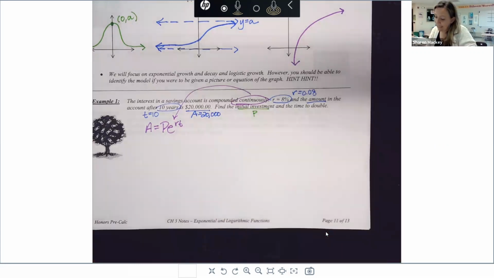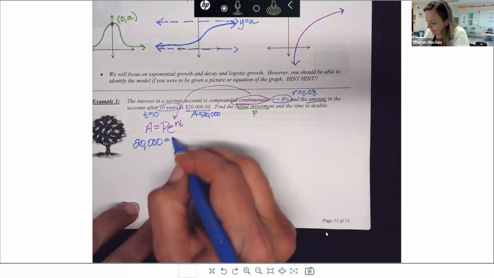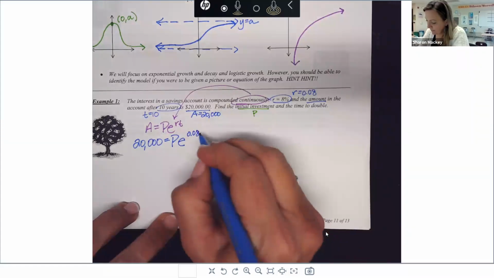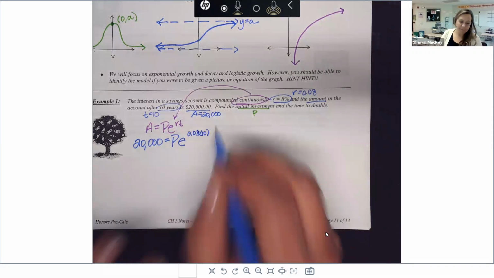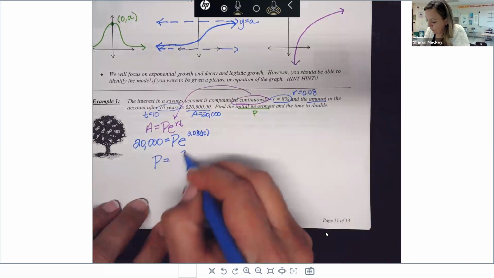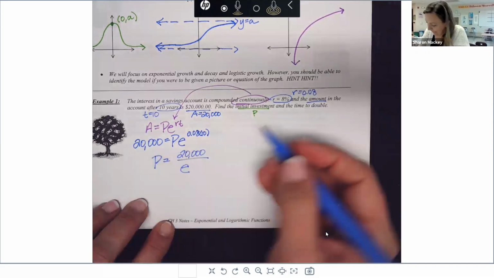Well, let's put everything in. For A, we can put 20,000. We don't know P. And then we have e to the 0.08 times 10. Okay. And so if we isolate P, we can see that we would have 20,000 over e to the 0.8.